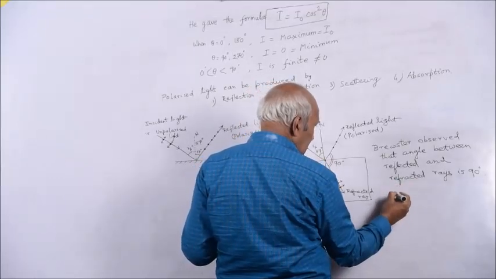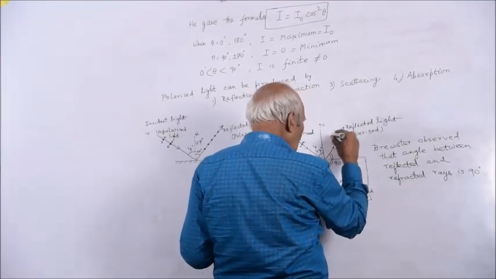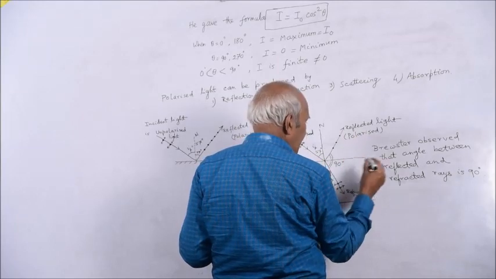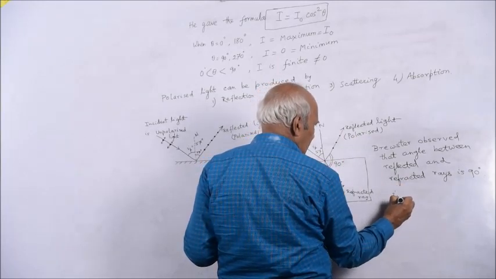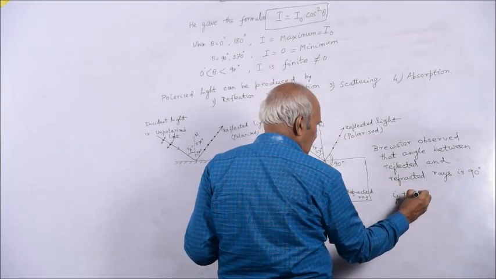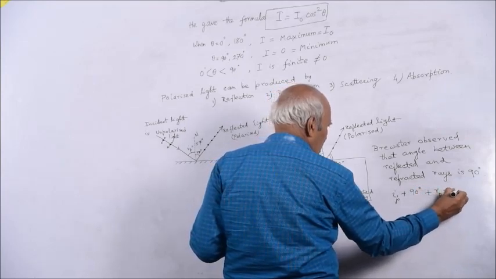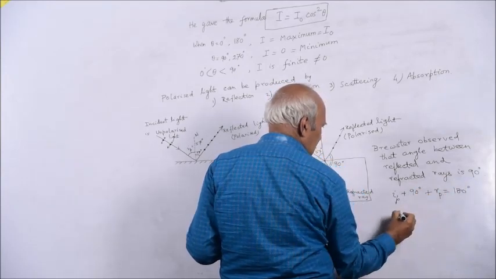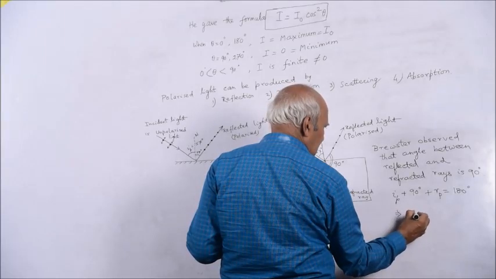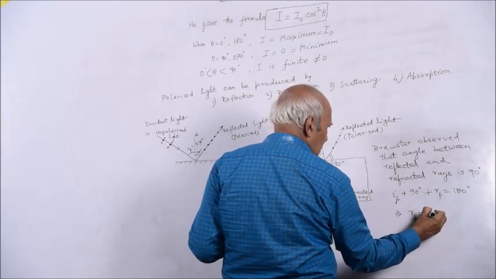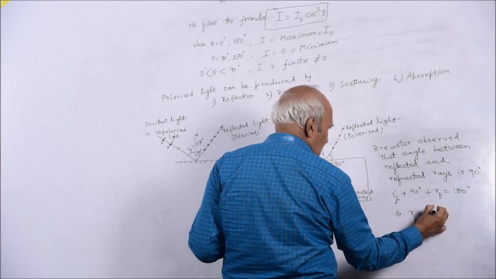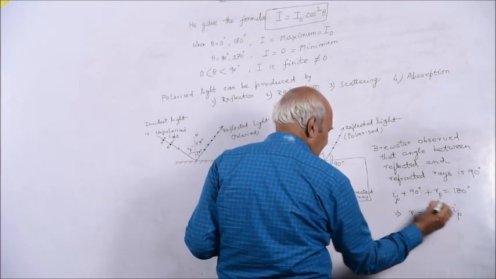So, here you see that this whole angle is IP plus 90 degree plus RP is 180 degree. So, that implies RP is equal to 90 degree minus IP.